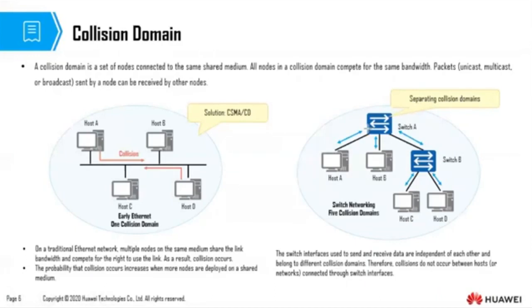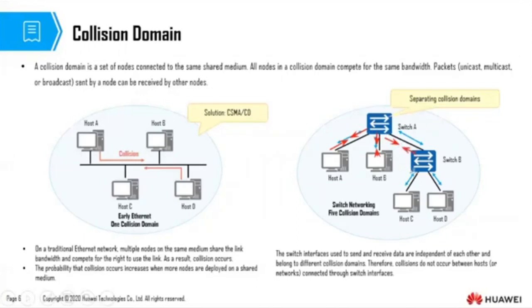Of course, I just want to reiterate that with switches, collision can only occur between individual interfaces. Are you seeing that? Between individual interfaces. We can only have collision here, and therefore we totally reduce the chances of collision ever occurring.